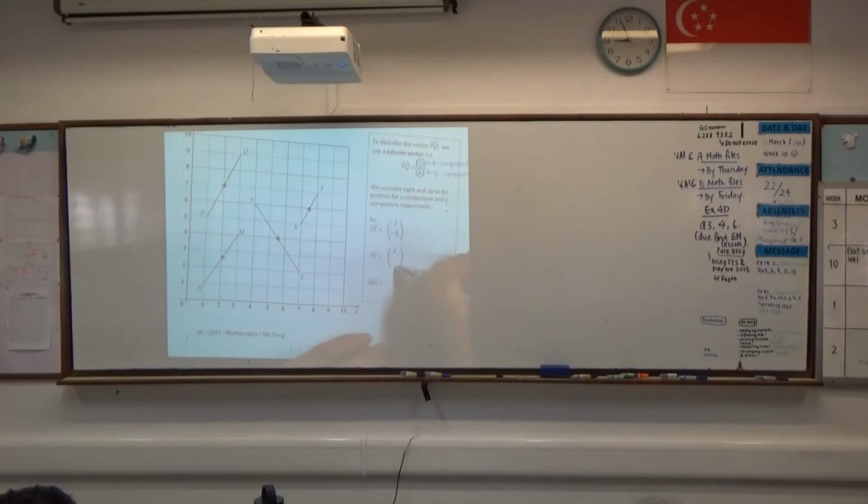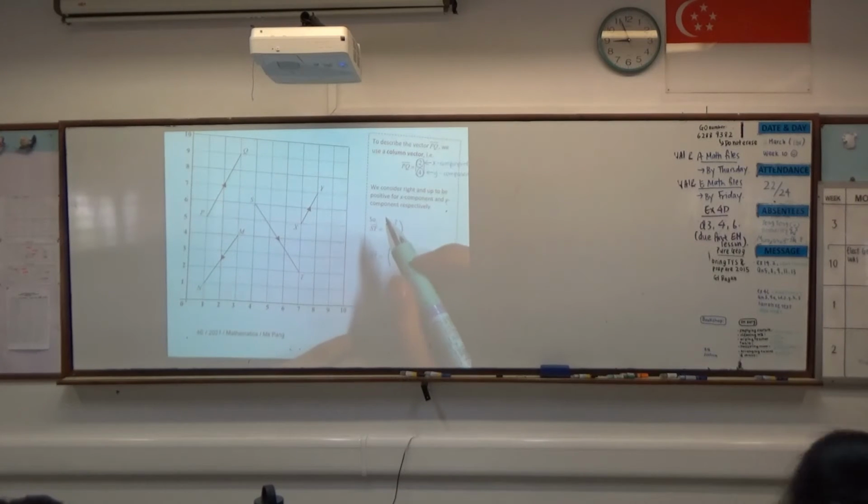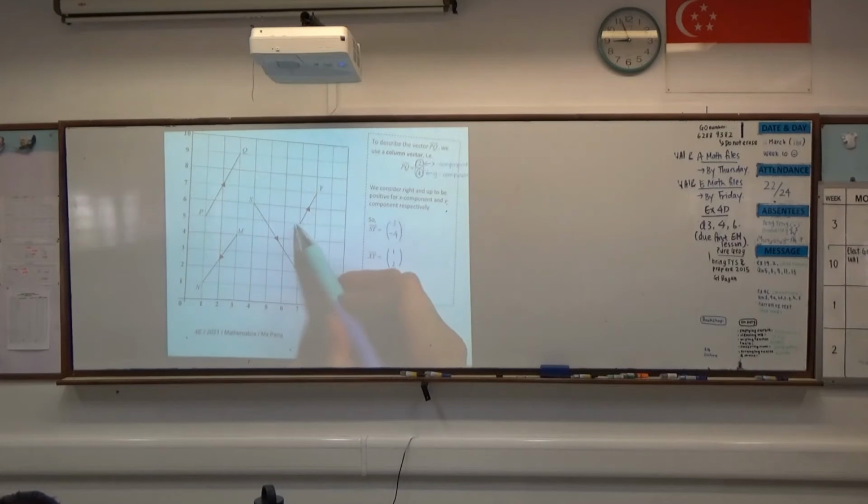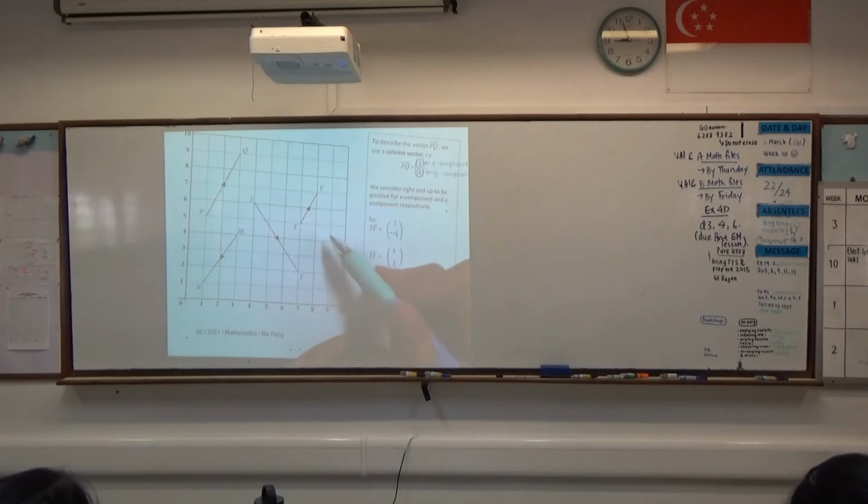Y component? Y is 2. In case you are confused, we have X. We move right 1 time, then we move up 2 times. So the left-right direction is your x component, and the up-down direction is your y component.